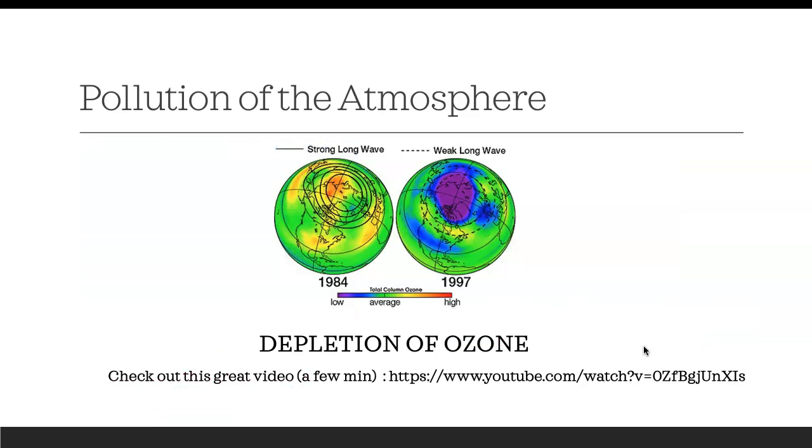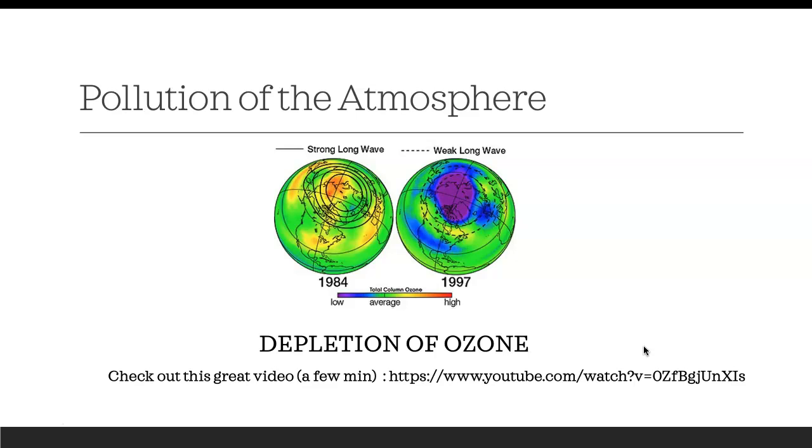We're going to touch the topic of the ozone. The ozone layer was greatly damaged because we used chlorofluorocarbons, chemicals in the refrigerator to keep the air dry and cool.